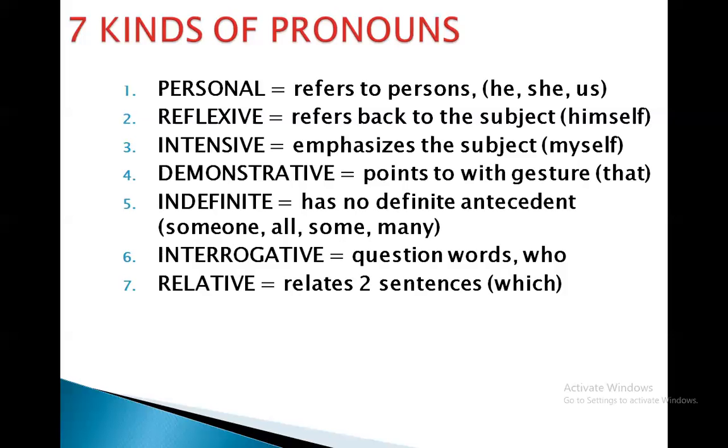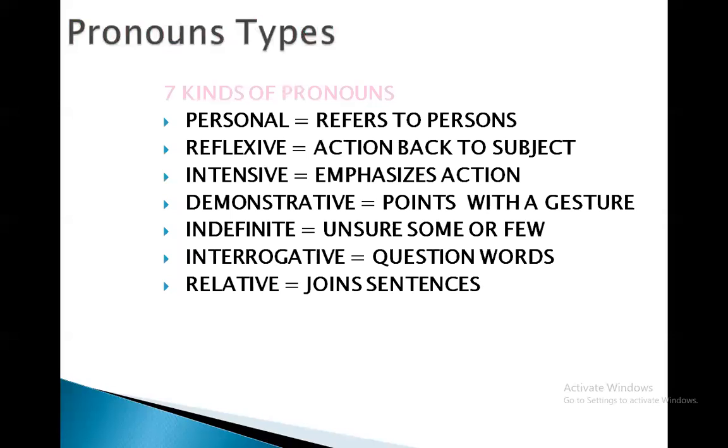We are going to learn about all these 7 different kinds of pronouns. I said already, a personal pronoun refers to persons. A reflexive pronoun is a pronoun that turns the action back to the subject. An intensive pronoun is a pronoun which emphasizes the action.